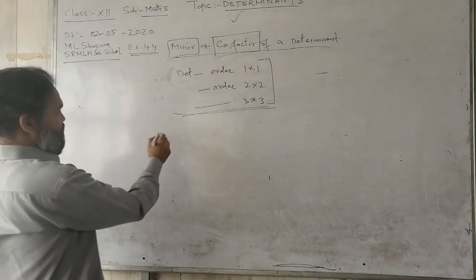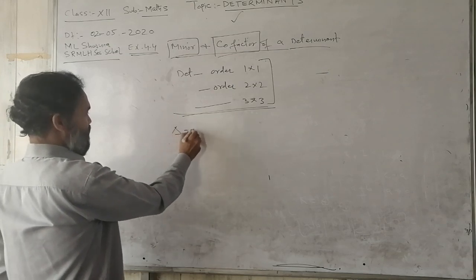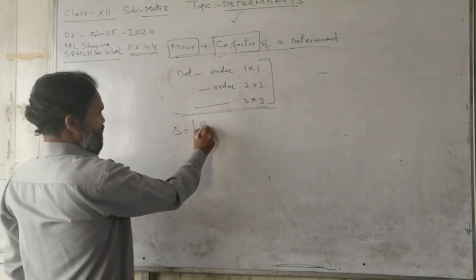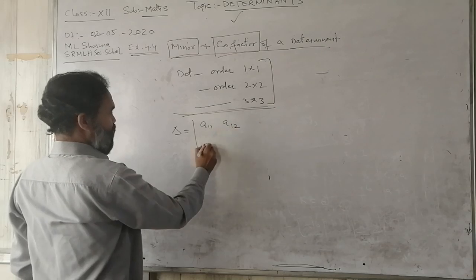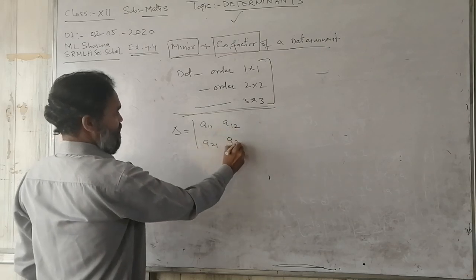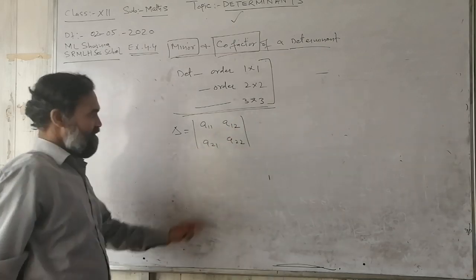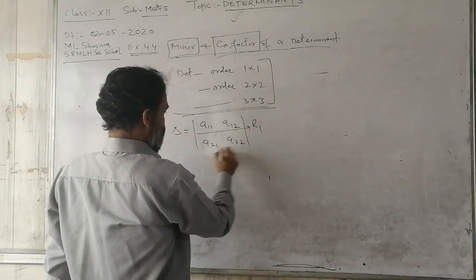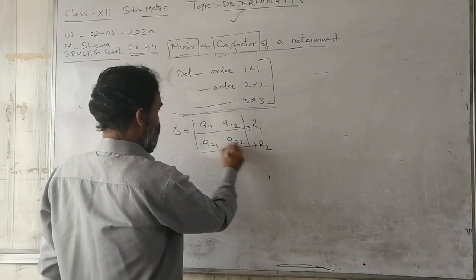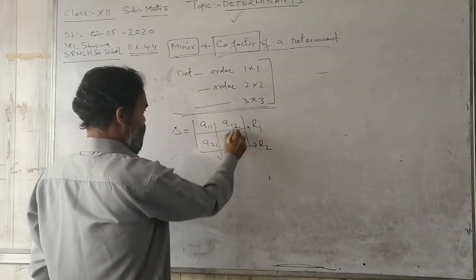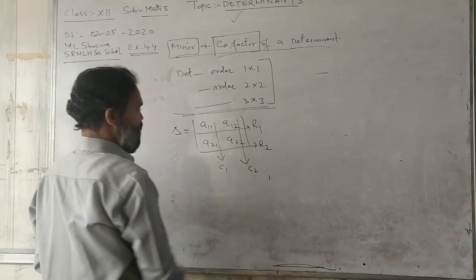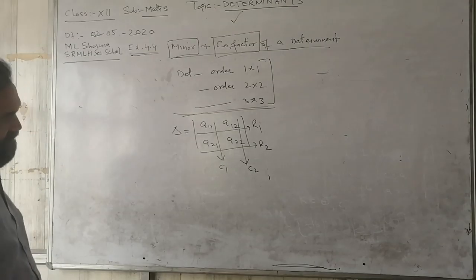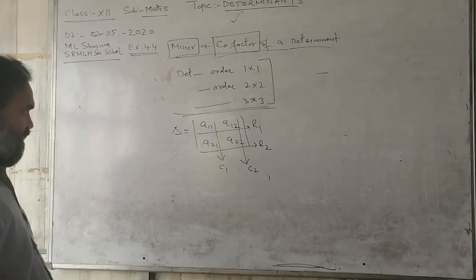So if I write a determinant A11, A12, A21, A22. So this is a 2 by 2. It is having row 1, row 2, C1, C2. So 2 rows and 2 columns are there. So it is a 2nd order determinant.